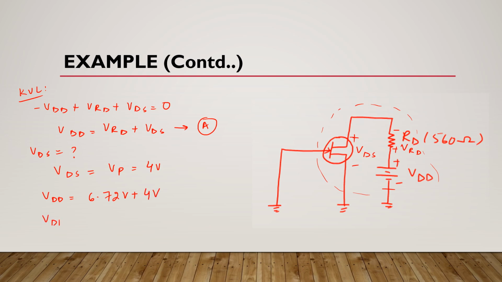So after solving this, you will get 10.7 volts. So this is the minimum value of VDD which is required to put this device in the constant current region of operation when VGS is 0 volts. Okay, so this is your answer.